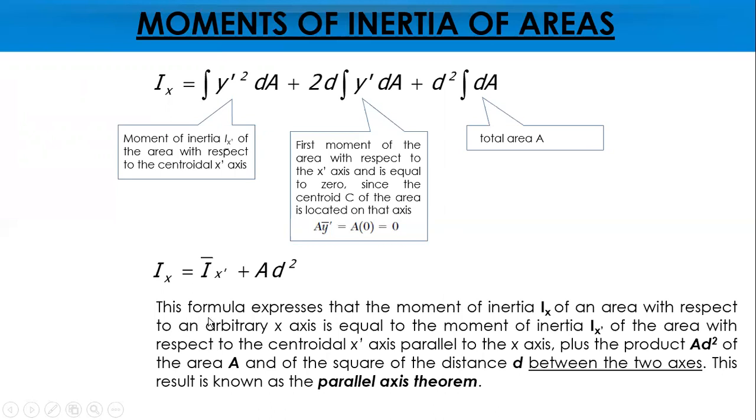So this formula expresses that the moment of inertia Ix of an area with respect to an arbitrary x-axis is equal to the moment of inertia Ix prime of the area with respect to the centroidal x prime axis parallel to the x-axis plus the product A D squared of the total area A and of the square of the distance D between the two axes.